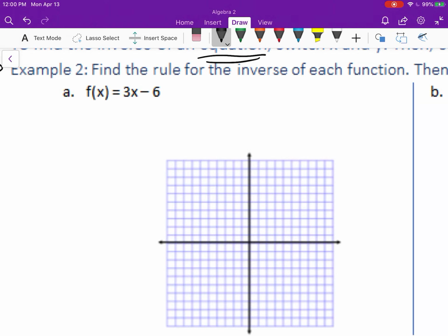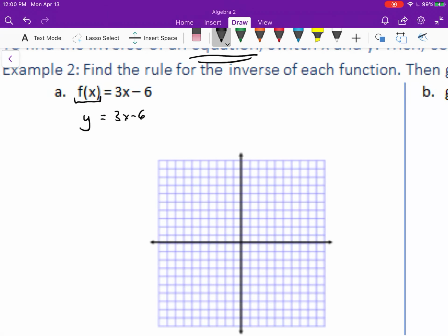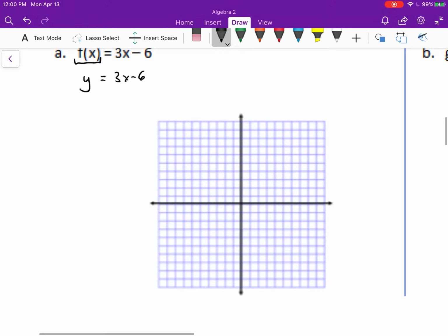We want to find the inverse. Well, it says to switch x and y, and there's no y here, but we do know that f of x is the same idea as y, so we have y equals 3x minus 6. It does say to graph each, so let's start by graphing this one in black.